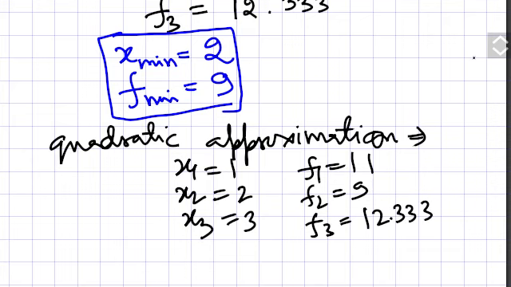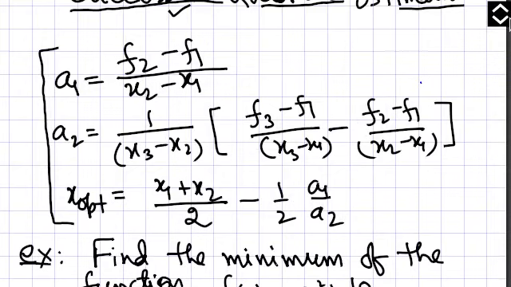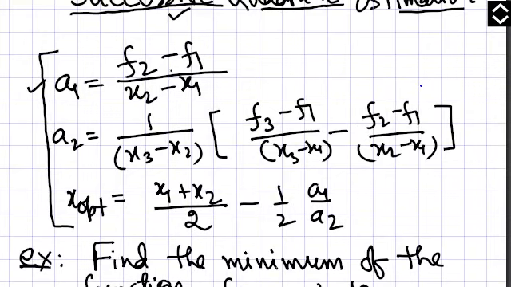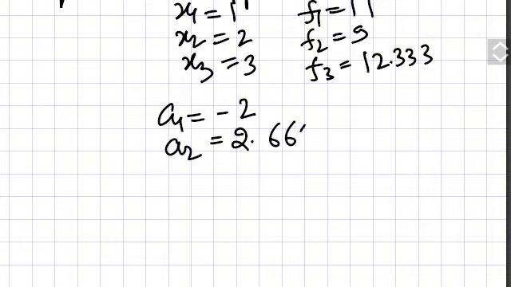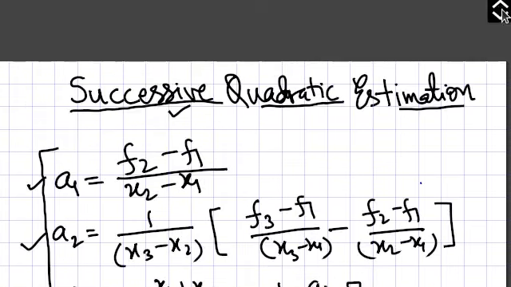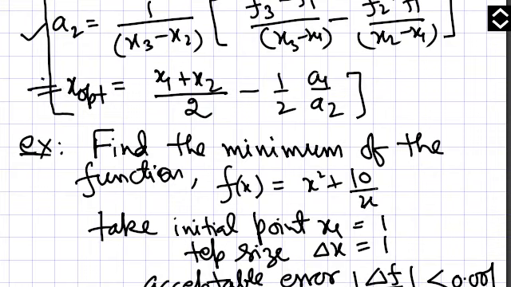So when you put these values in these equations, a1 needs x1, x2, f1, f2, and a2 needs f1, f3, all these things, and then you put these values in this equation. So you will get something like this, that a1 you will get minus 2, a2 is equal to, you will get, and out of this x minimum, this optimum, means this is minimum in this case.